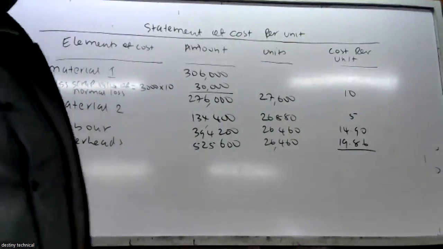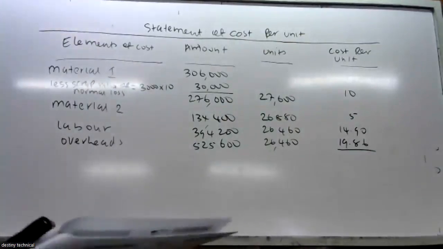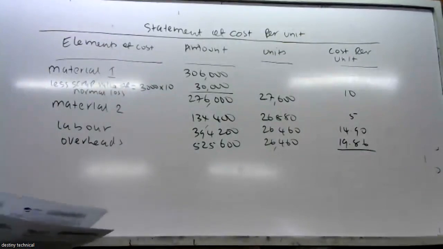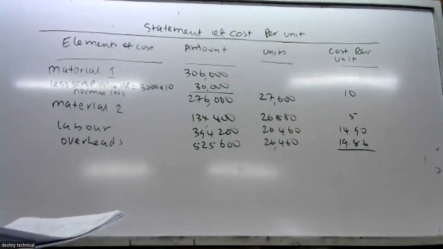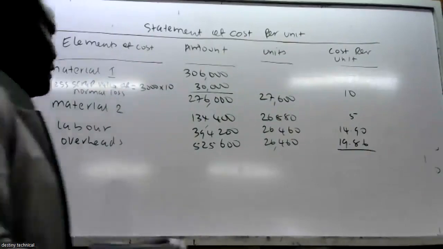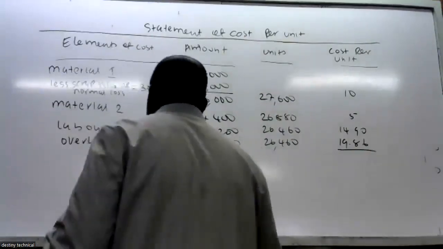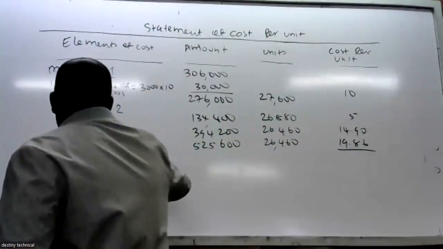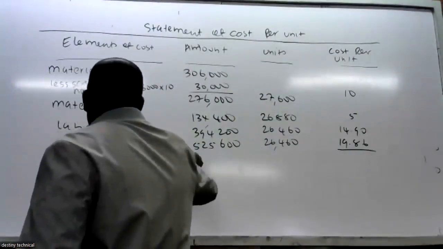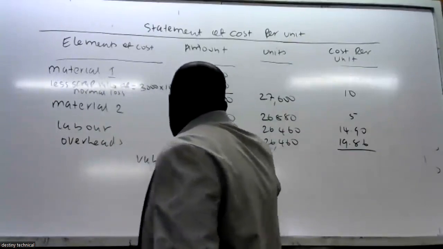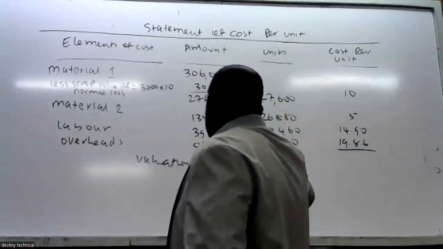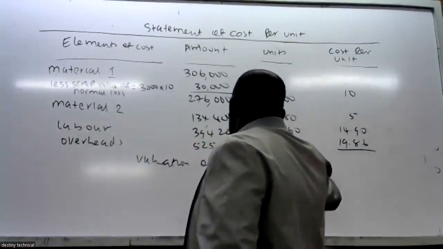So that is now your part B of the question. Before we prepare the process account in part C, we shall first get the valuation of the abnormal gain.